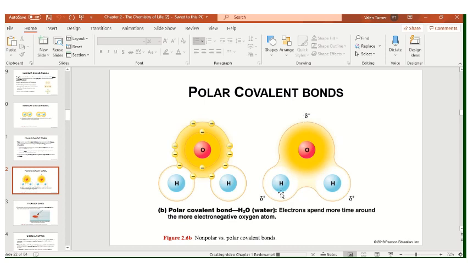While the other one that's not really getting the electrons as they're sharing, well, it's going to develop a slightly positive charge. You can always identify polar covalent bonds because you will see charges. You'll see a negative charge closer to the atom or element that's pulling the electrons closer. And you'll see a slightly positive charge in the atoms or elements that are not getting the electrons.